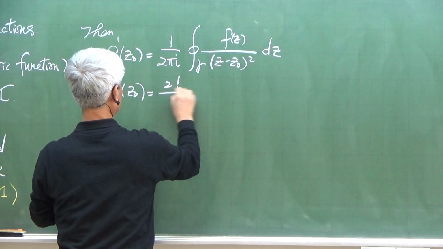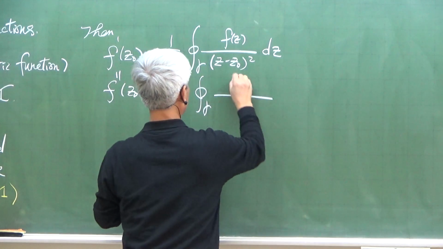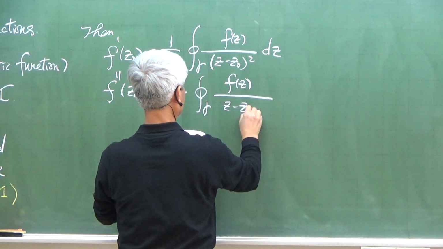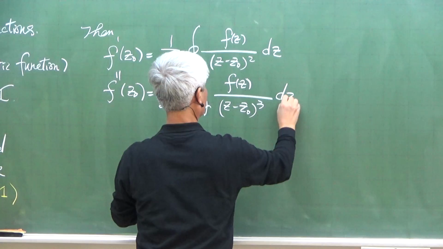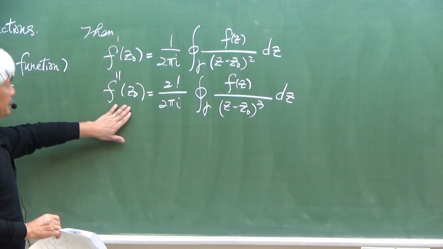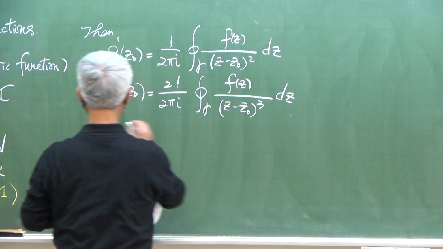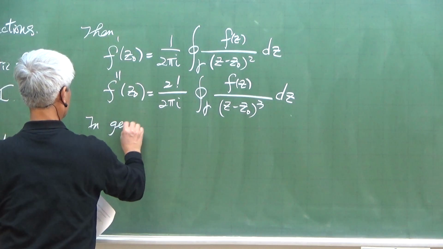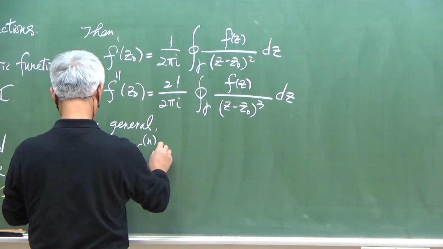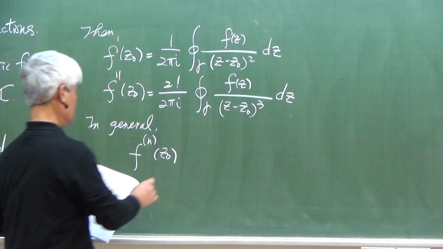So we have the 2 factorial over 2 pi i. Again, we have expressed the second derivative by using the complex integral. In general, okay, we have the nth derivative of f at the point z0, right?